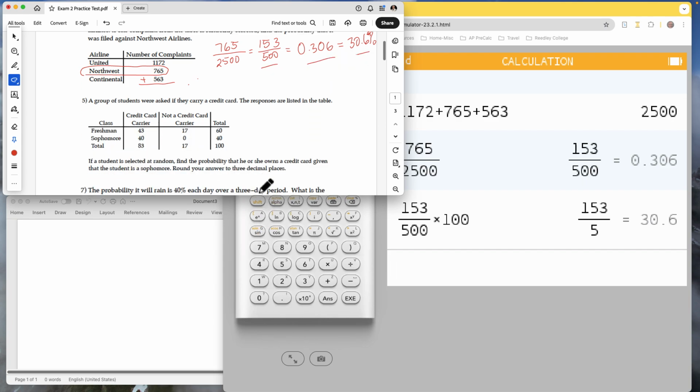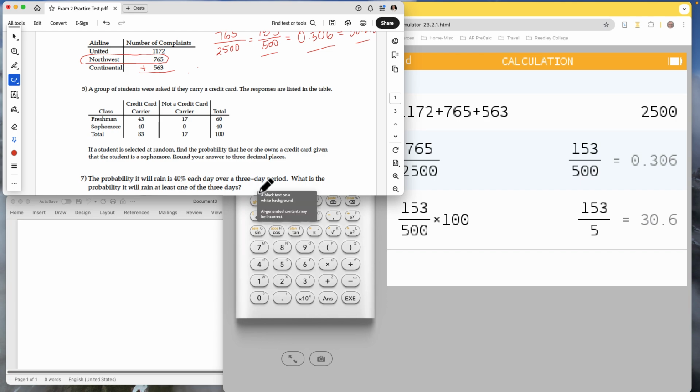The next question we're going to take a look at: a group of students were asked if they carry a credit card. The responses are listed in the table. So we have this table. The question is, if a student is selected at random, find the probability that he or she owns a credit card given... Now that's a very important word. It's telling us it's a conditional probability, given that the student is a sophomore.